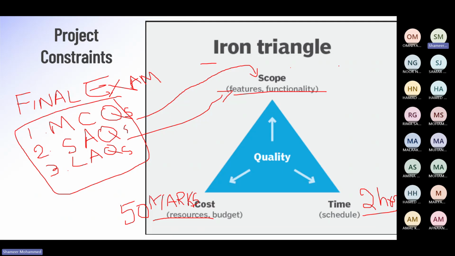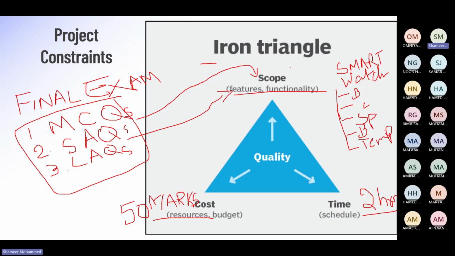So you are designing a smartwatch. Okay, smartwatch. A smartwatch has some features. What are they? Like Bluetooth, like calling, like steps counting, like monitoring the blood pressure, monitoring the temperature of the body, heartbeat, etc. These are all features.